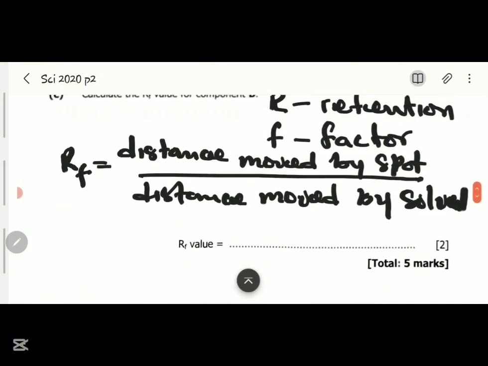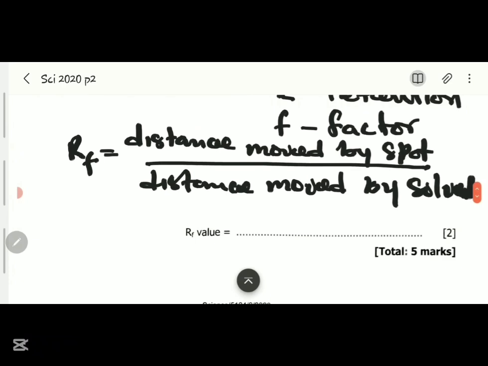And one of the things that we should take note is that the RF value is always less than 1. The RF value is always less than 1 because in most cases the solvent always travels a longer distance than the solute, which is the spot.